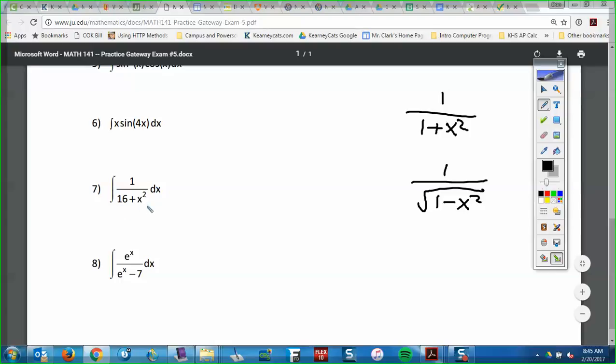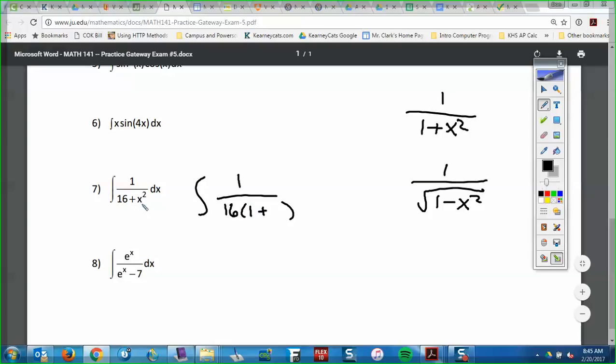What if it says 16 plus x squared? Is there any way you can turn 16 plus x squared into 1 plus x squared? Well, the answer is yes. We can rewrite this as 16 times, we can pull out a 16. So if you pull out a 16, what do you got right here? 1.